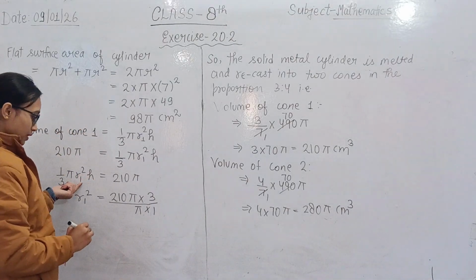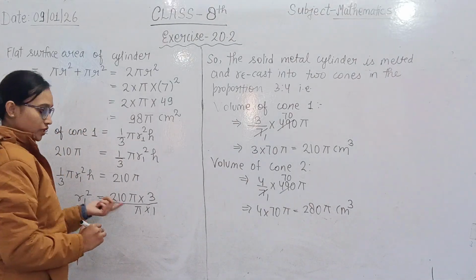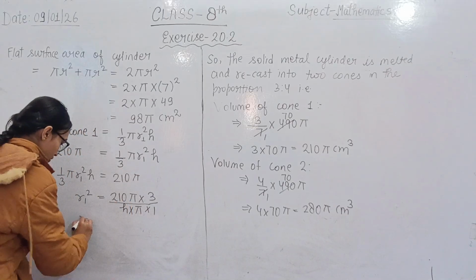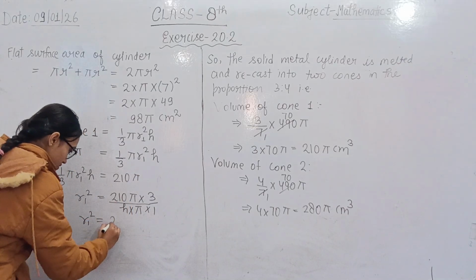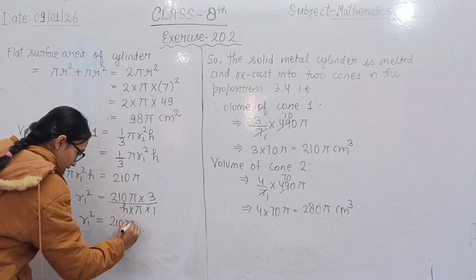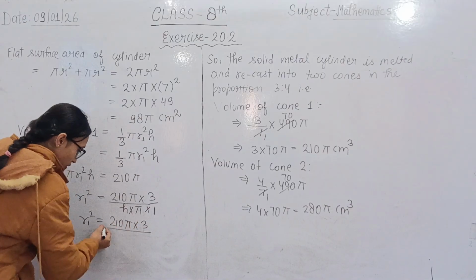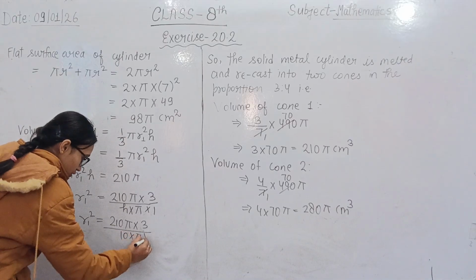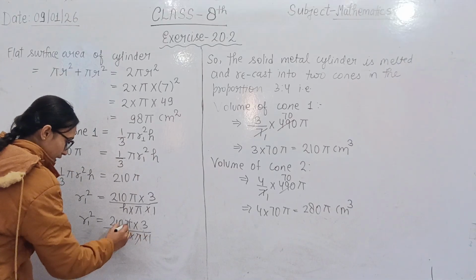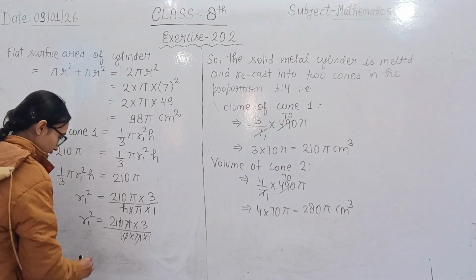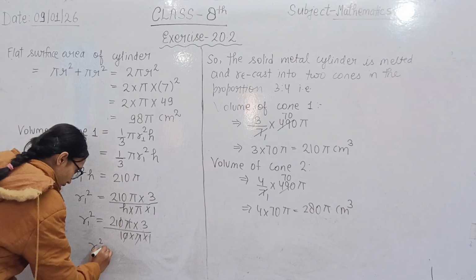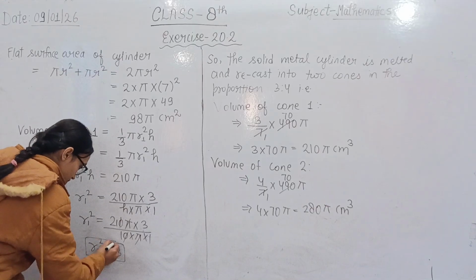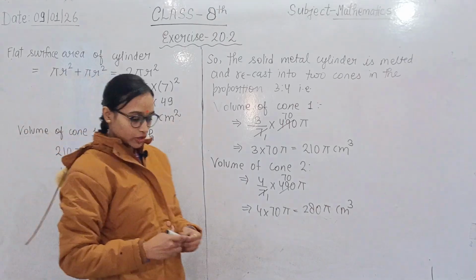And h is in multiplication. So when we will shift it to the other side, it will also be in division. Now we will put the value of h. 210 pi multiplied by 3 upon value of h given as 10 into pi into 1. Pi and pi will get cancelled out, 0, 0 will get cancelled out. So r1 square is equal to 63. Similarly, we will find volume of cone 2.